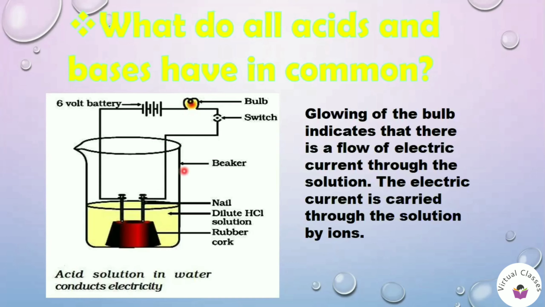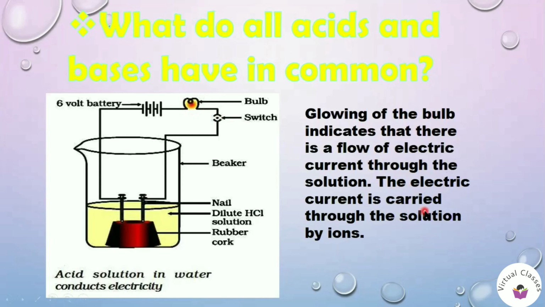When we turn the switch on, the bulb will start glowing. If we replace the dilute HCl solution with H2SO4 or HNO3, which is nitric acid, the bulb will glow again in both the cases. This glowing of the bulb indicates that there is a flow of electric current through the solution.